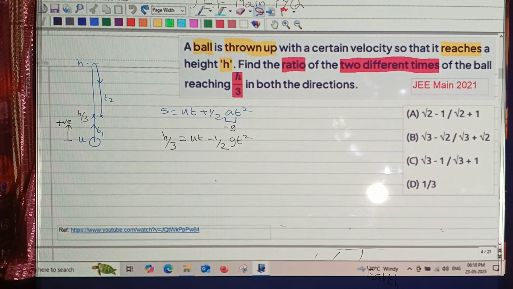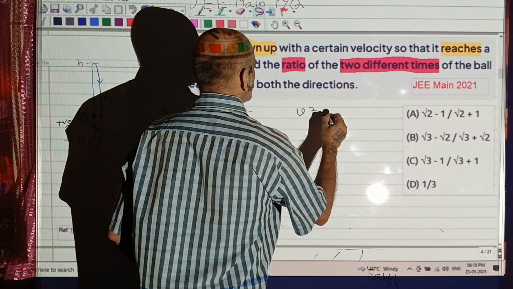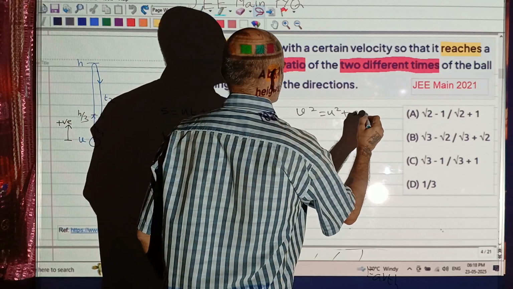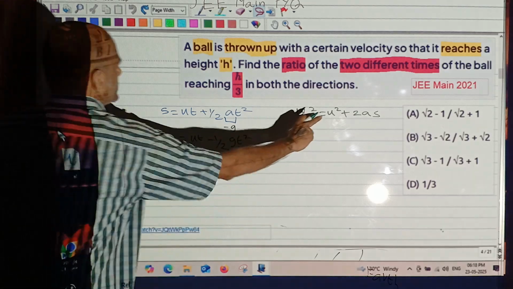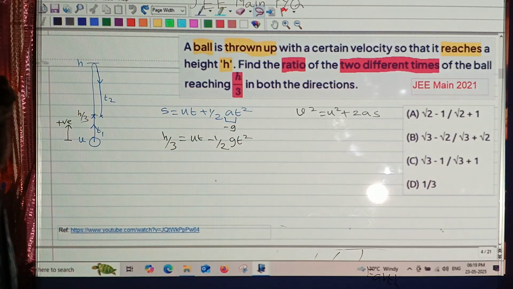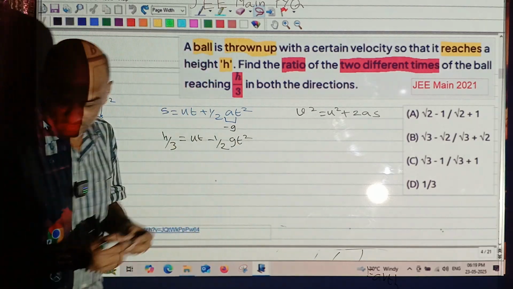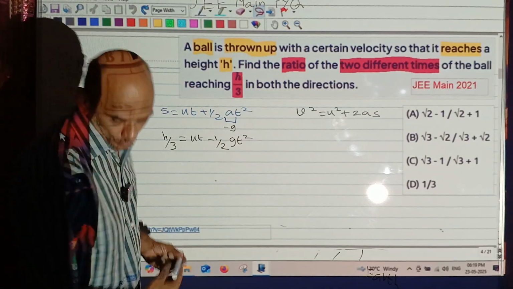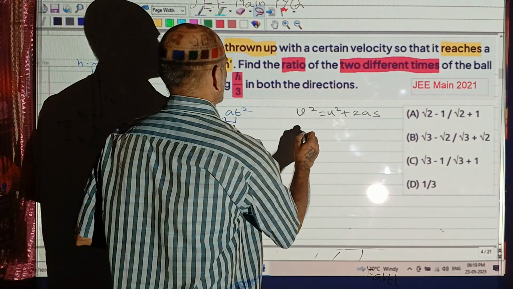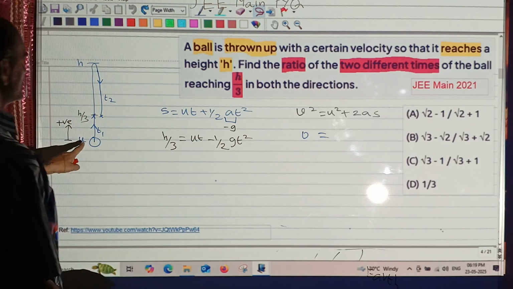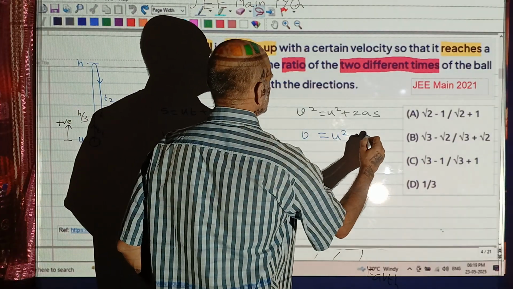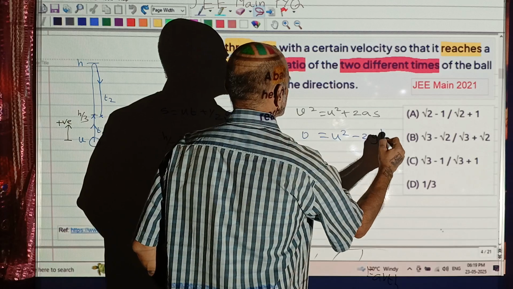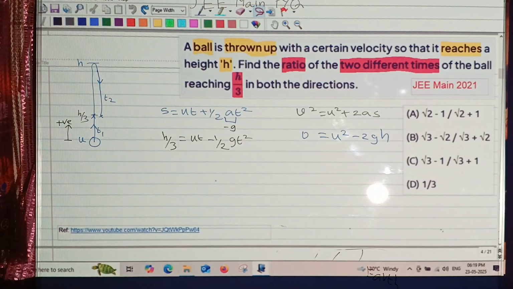That relation you can get from v square equal to u square plus 2as. This equation applies at the topmost point. V is 0, we use the initial velocity u, a is minus g, and s is h for the topmost point.